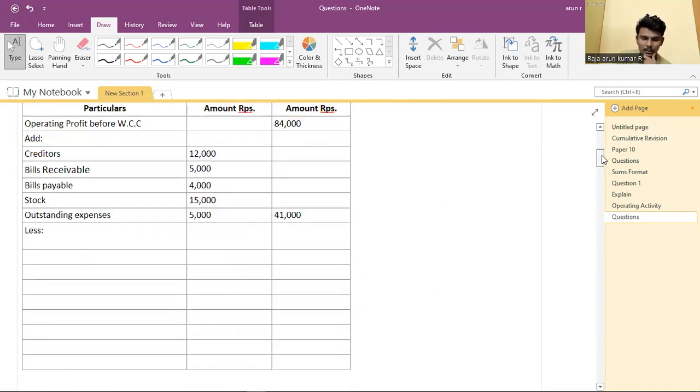Debtors 40,000, prepaid expenses 3,000, total 43,000.